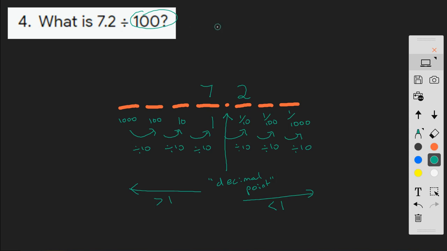If I want to divide by 100, that's like dividing by 10 and then dividing by 10 again, because we've got 2 zeros here. So my 7 is going to go 1, 2, and appear in this column here. My 2, 1, 2.